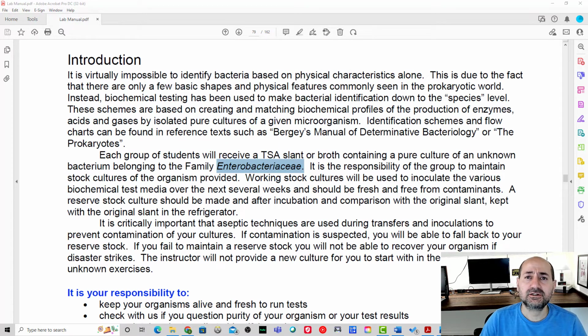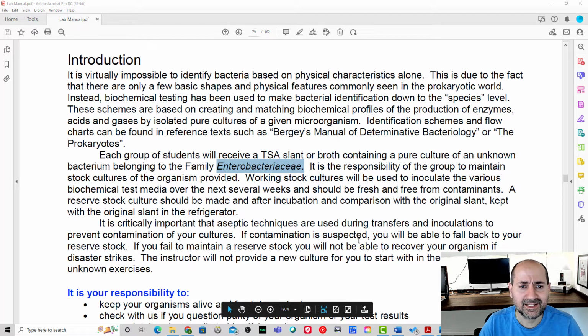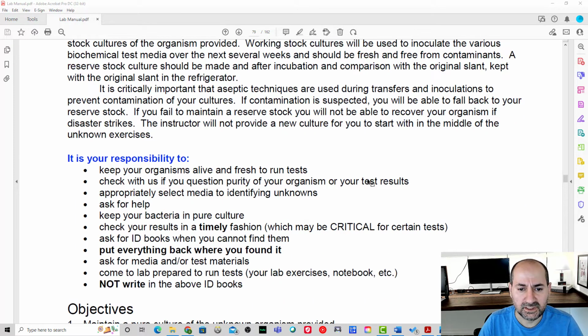All right, with regard to the unknown identification lab, remember that you were handed a bacteria of the family Enterobacteriaceae. These are the enteric bacteria, which are gram-negative rods. They are facultative anaerobes, and a lot of them are gut bacteria.